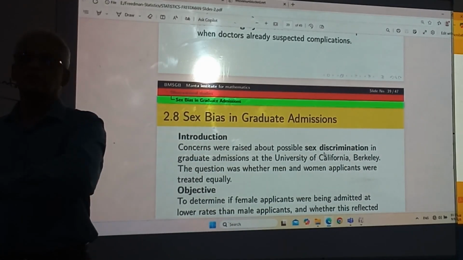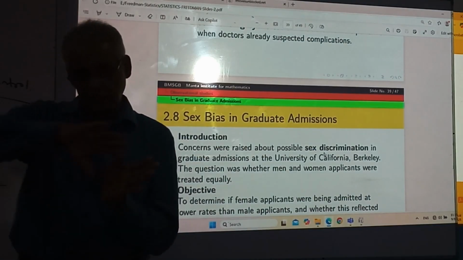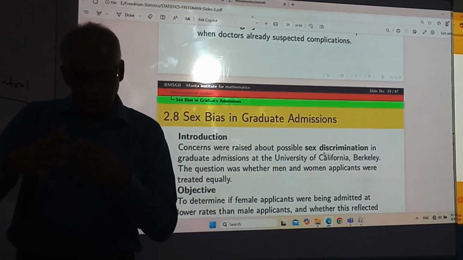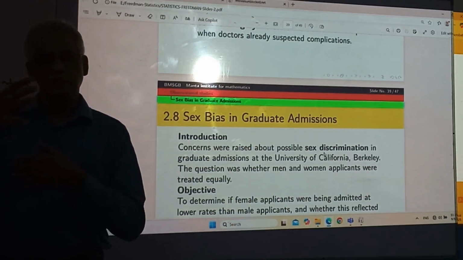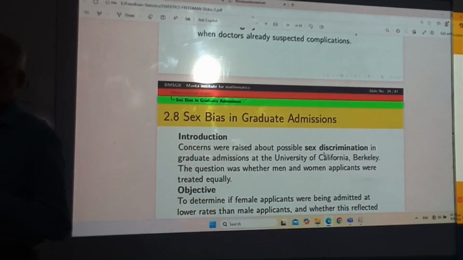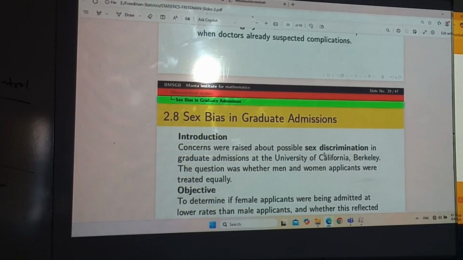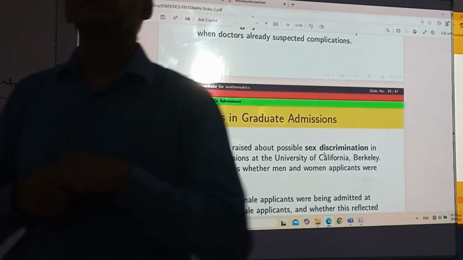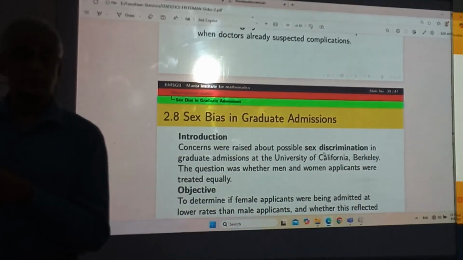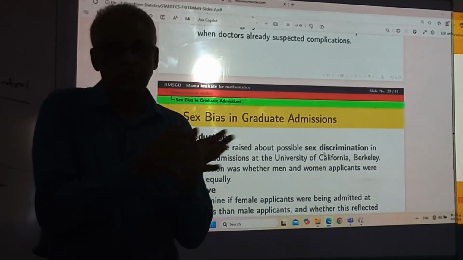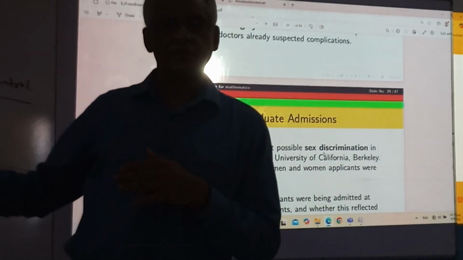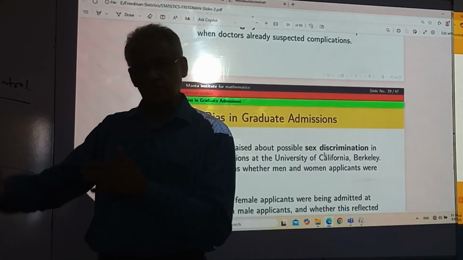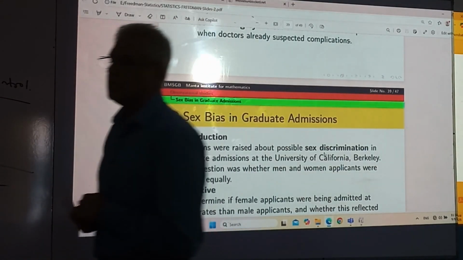Sometimes that works, and thereby we can remove the effect of the confounding factor and find out the real effect of the variable. But not always, because there will be some other confounding factors which we don't know about also. There was one factor that they identified, but there can be other factors also. When we don't know those factors, we cannot measure them and we cannot include them in the regression model.